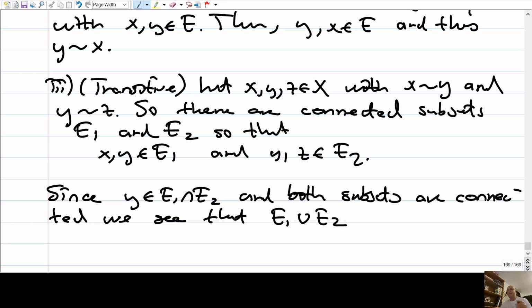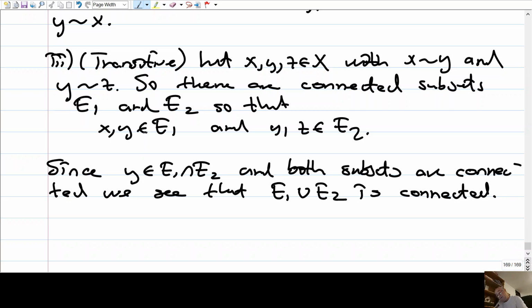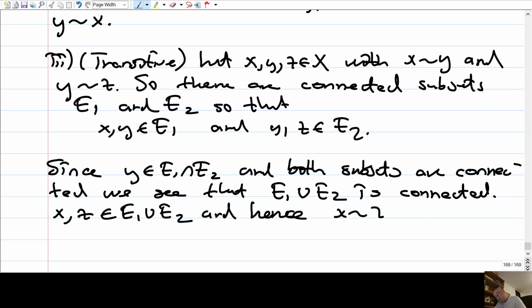If you have two connected subsets and they have a common point, then their union is connected. And clearly x and z both belong to this connected subset, and hence x is related to z. And this finishes the proof.